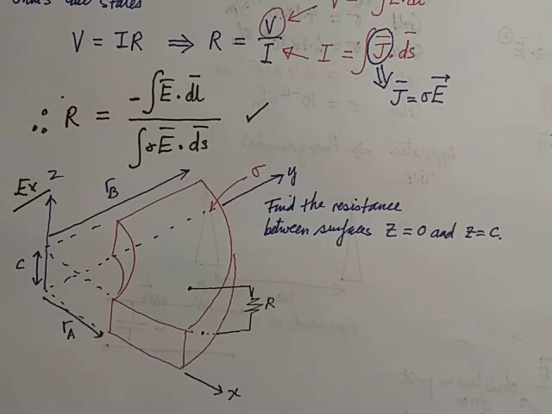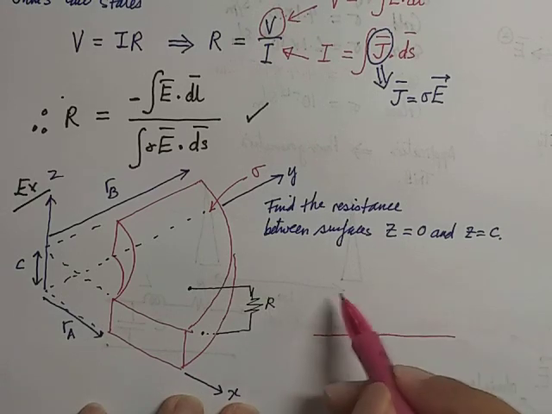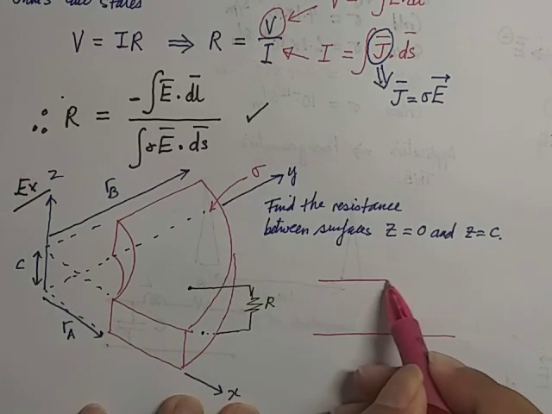Then I'm going to make it simpler by redrawing the problem in two dimensions. Since the surfaces of interest are z equal to 0 and z equal to C, I'm going to draw the equivalent circuit for each.